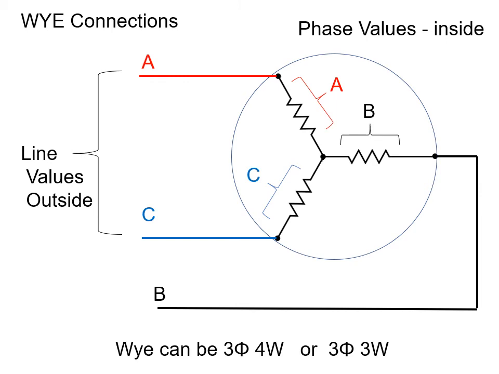Again, Y's can be 3-phase 4-wire or 3-phase 3-wire. In order to be a 4-wire system, we need to add a neutral to a common point, so that if any of the currents are unbalanced, the neutral can carry the unbalanced load.